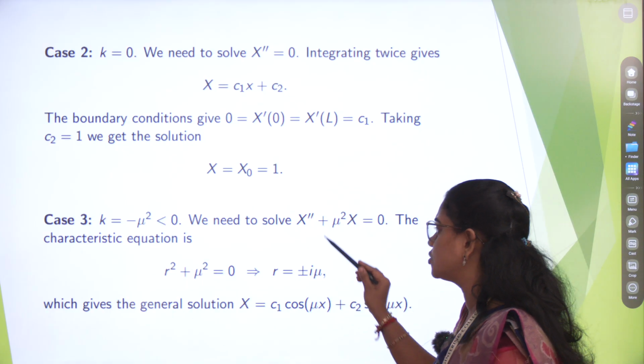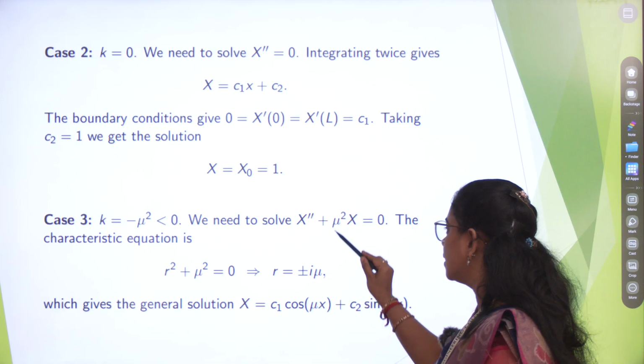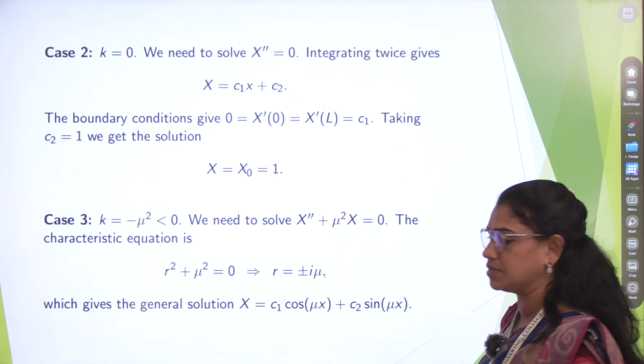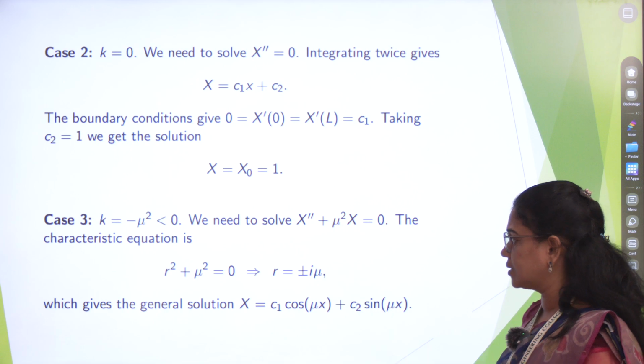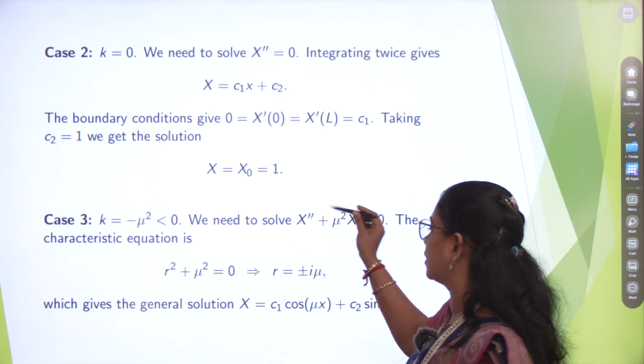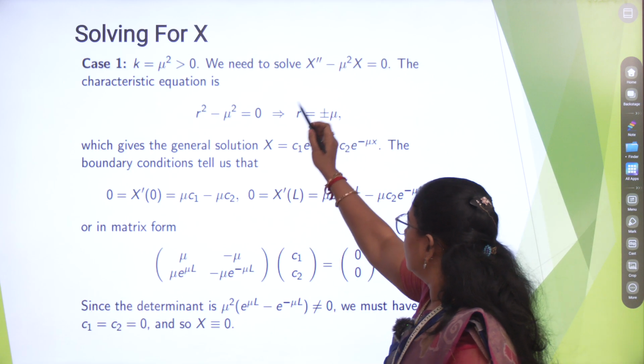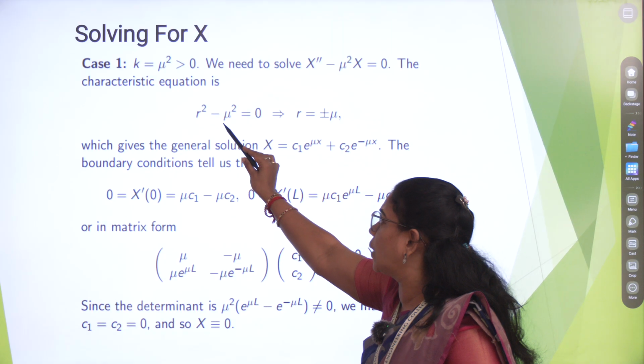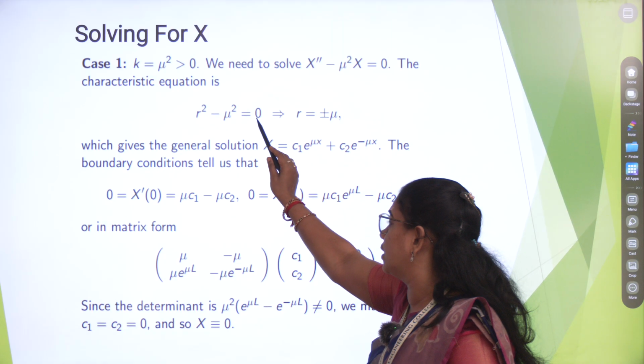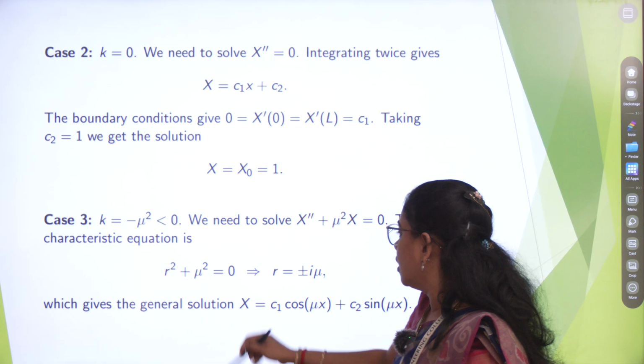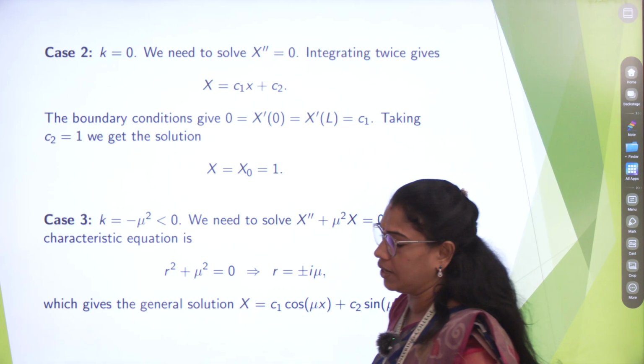So we need to solve x double dash plus mu square x equal to 0. Then the characteristic equation is r square plus mu square equal to 0.